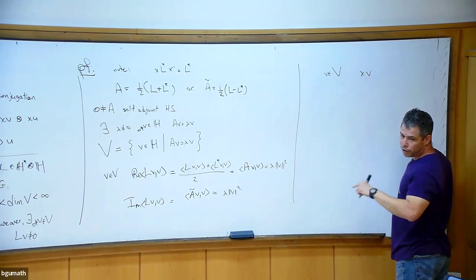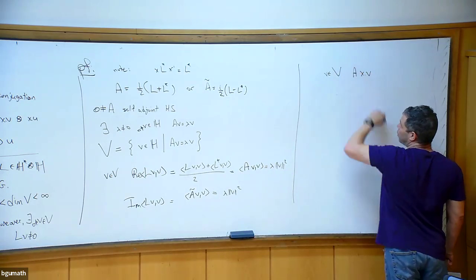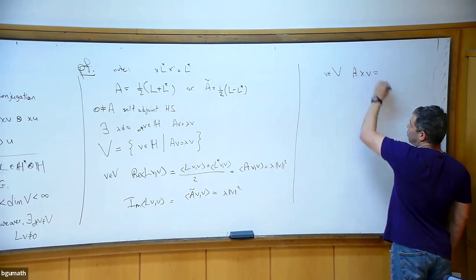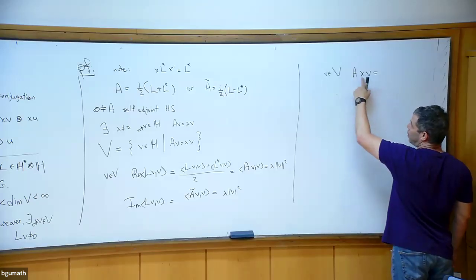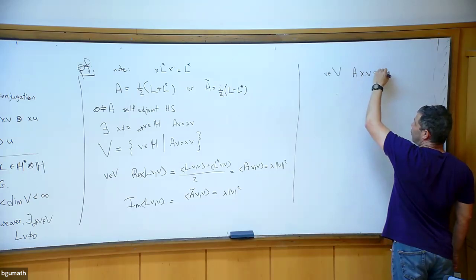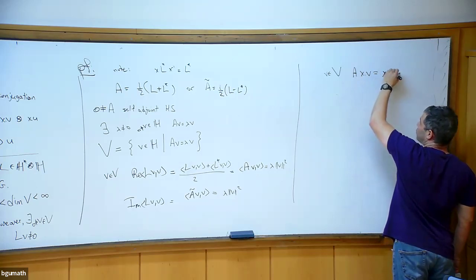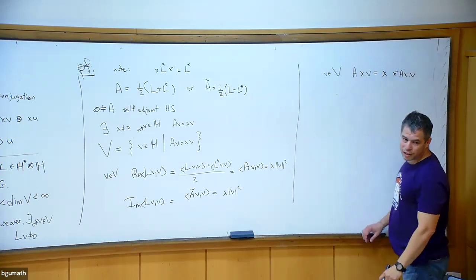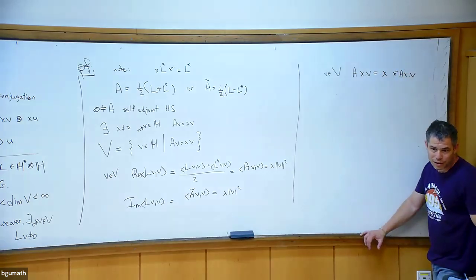I have to apply A to it. So if I apply A, what do I get? I get A X V, which is X acting on X minus 1 A X V. But X minus 1 A X is A.